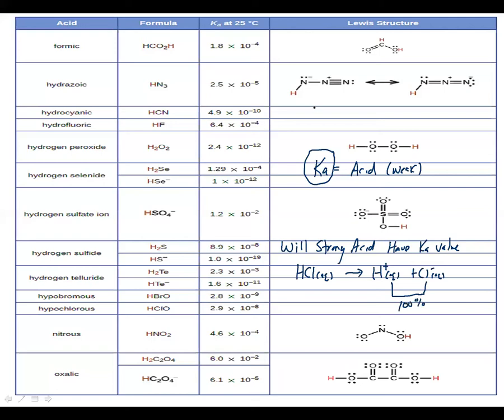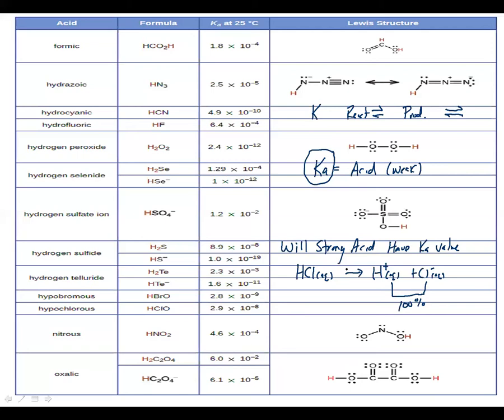Remember, in order for you to have an equilibrium constant, you need to have a reversible reaction, which means you need to have some reactants, you need to have some products there. And in an equilibrium situation where you would have a Ka value, it's a two-way street. There's stuff heading in both directions.